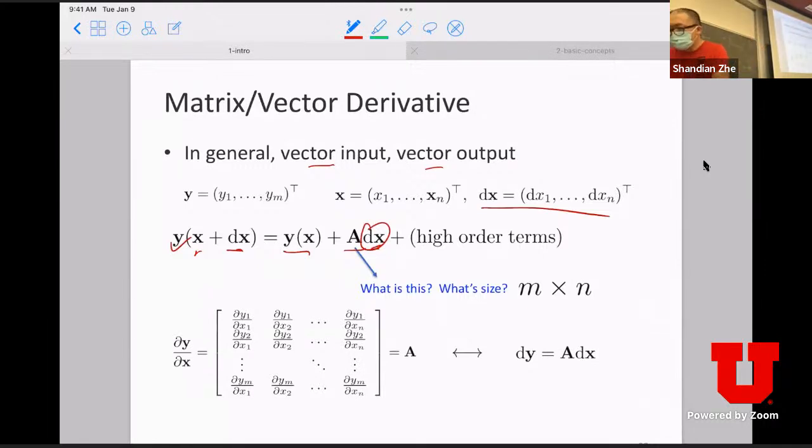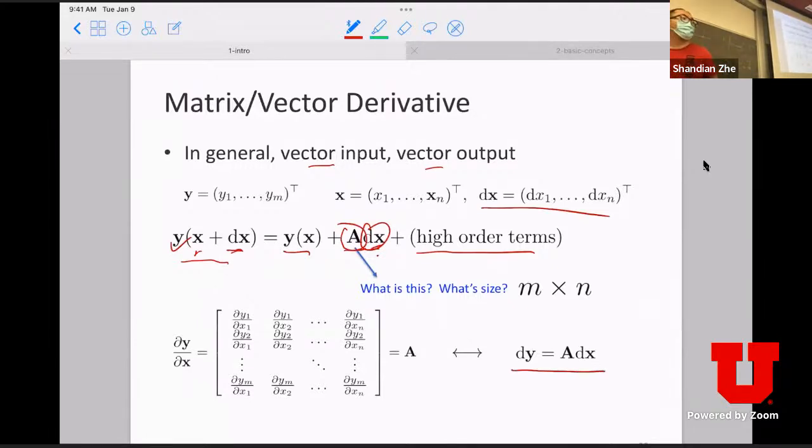But it just means that if dx is small, this term can be ignored. So you can use a linear function to approximate your function value at dx step away. The coefficient or slope of this linear function is called a derivative.